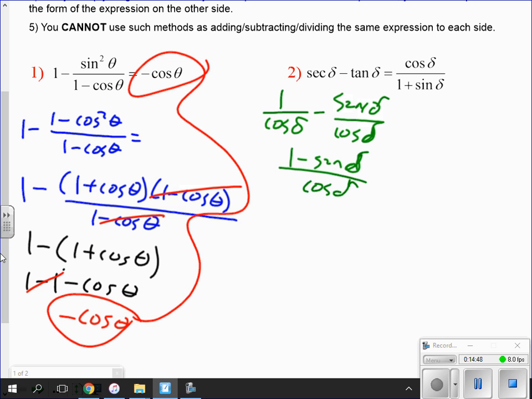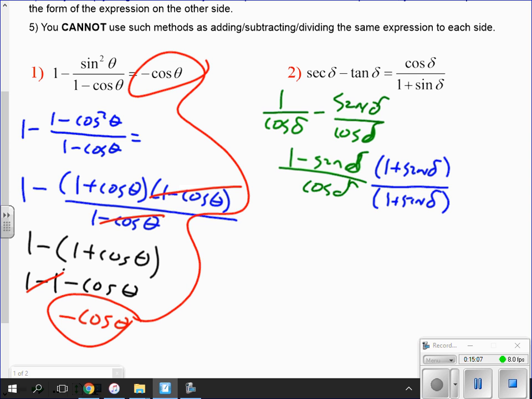You can multiply by the conjugate to do the same thing here. And like I said, it's not something I think you would think of, but if I multiply by 1 plus sine over 1 plus sine.